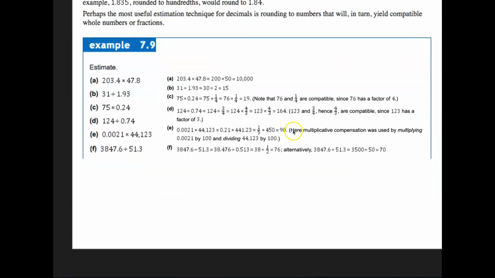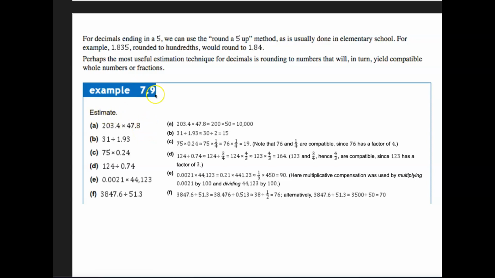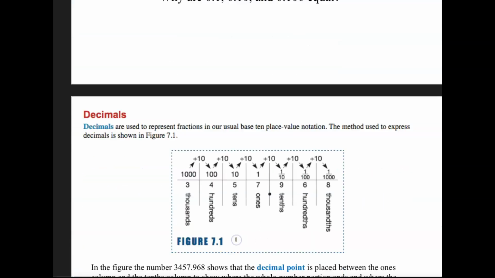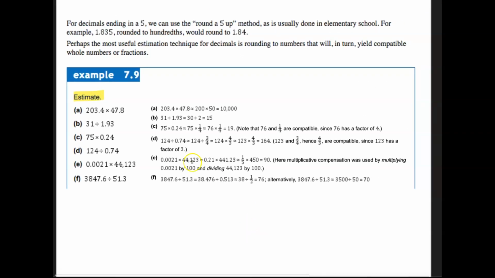And then here's the last set of problems to look at. How would we estimate in these problems? Estimating really is based off of you making it a compatible number yourself. That's where you want to look at these methods here, but there's a lot of different ways to estimate.